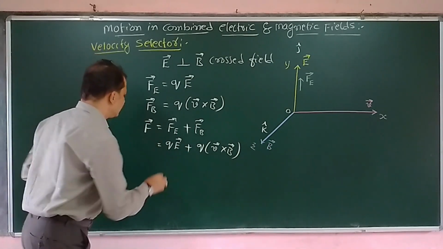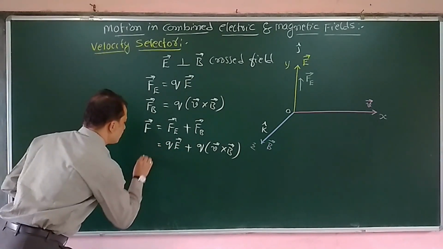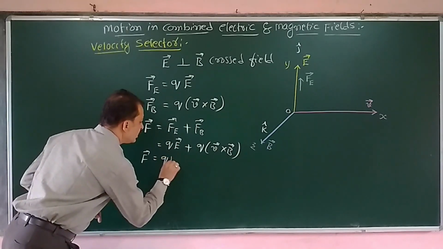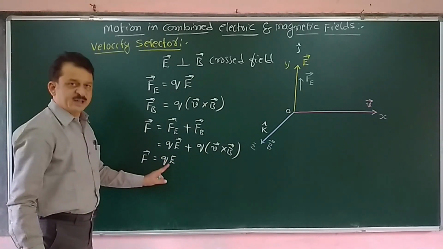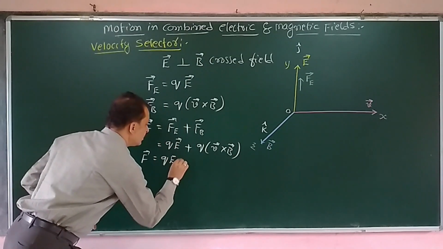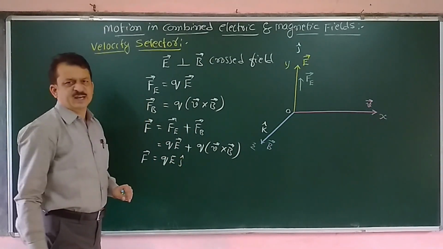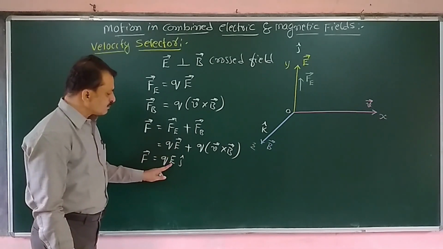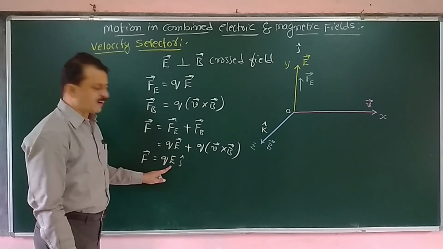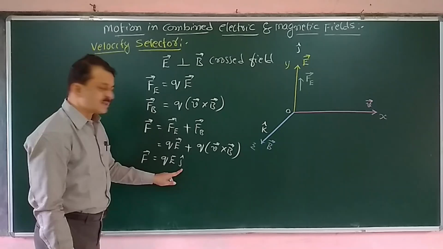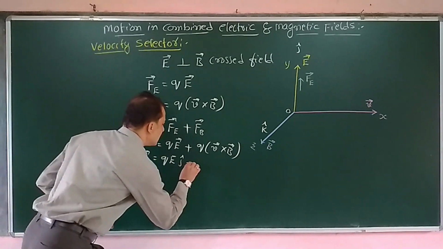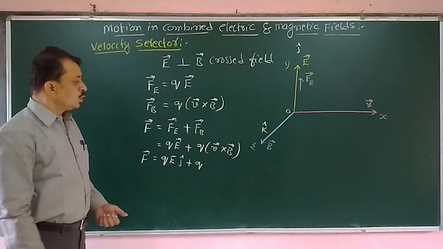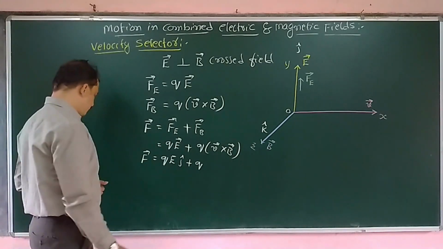If I write them in terms of unit vectors, I will get Q into magnitude E unit vector j cap. This is in the vector form. If I write in terms of magnitude with a unit vector, it can be written like this. Clear? Plus Q into what is V cross B?